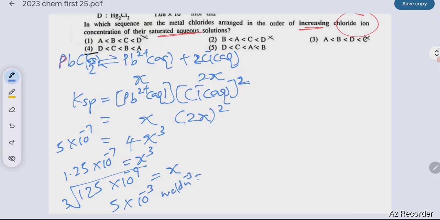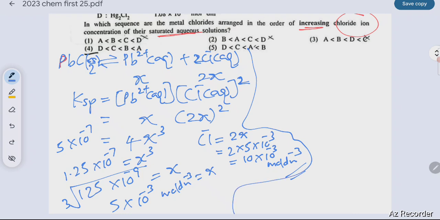Now this is x, right? But Cl- concentration is 2x, which means 2 times 5 into 10 to the power minus 3. Cl- concentration is 10 into 10 to the power minus 3 moles per dm cube, right? So this is for lead 2+.